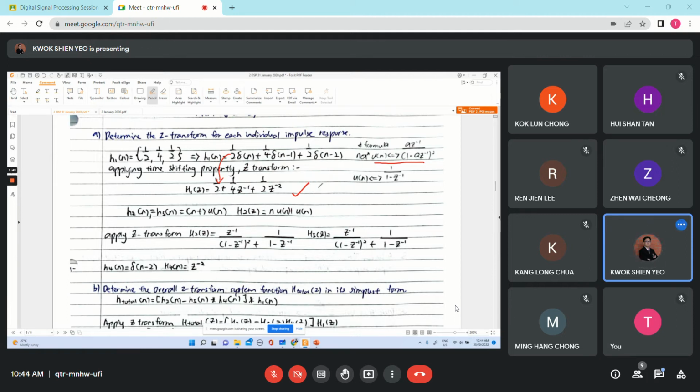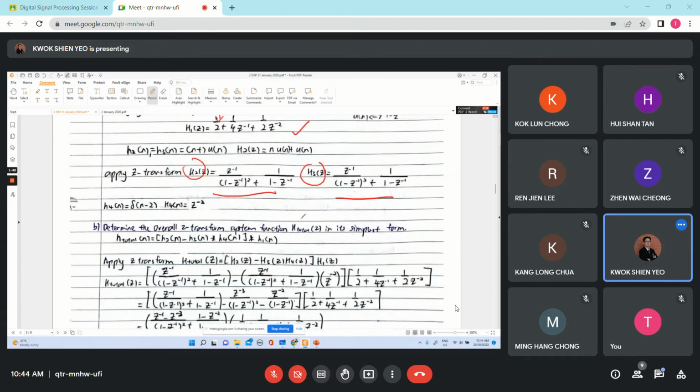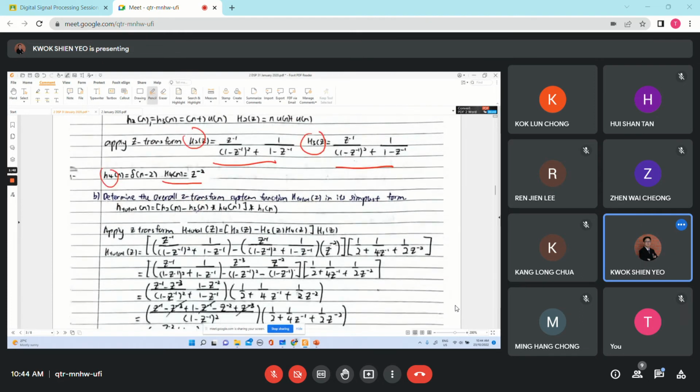Then you get your H2 or H3. Assume correct now, I believe you know how to use the table. Then you get your H4. Okay, looks all right.